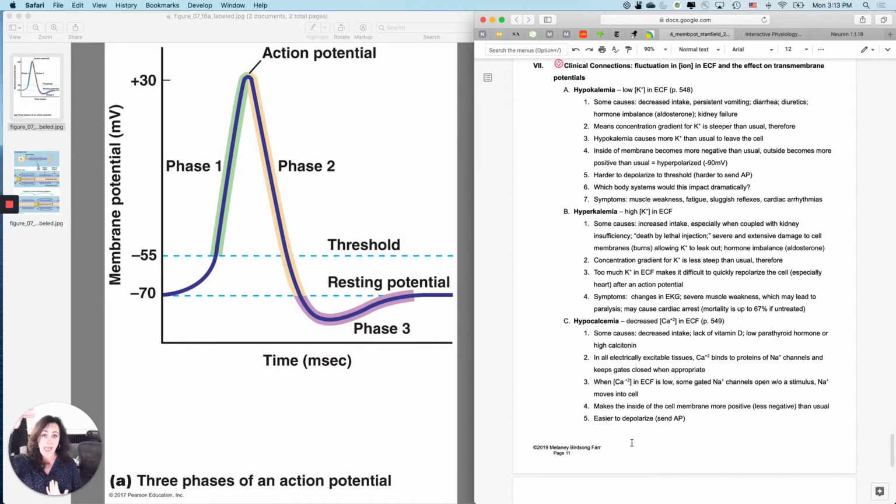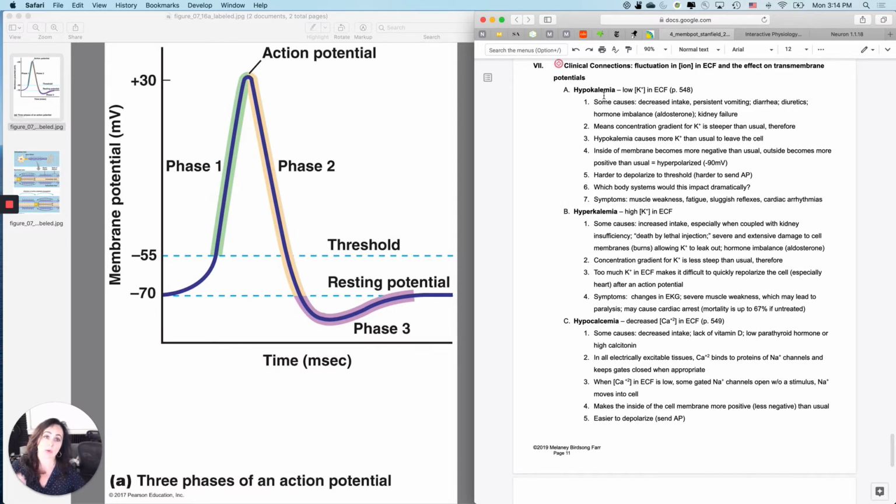Hyperkalemia, high potassium, where? Extracellular fluid. Hypocalcemia, low calcium, where? Extracellular fluid. And the last one on the next page is hyponatremia, low Na, sodium, where? Extracellular fluid.